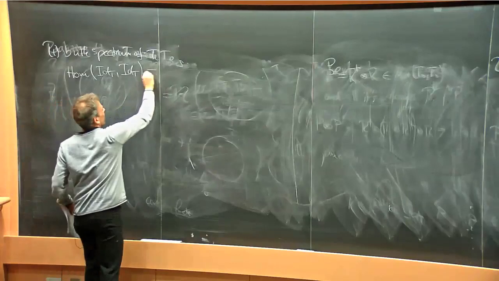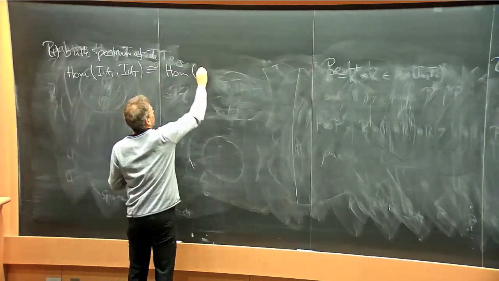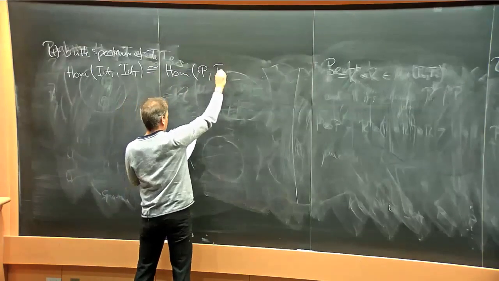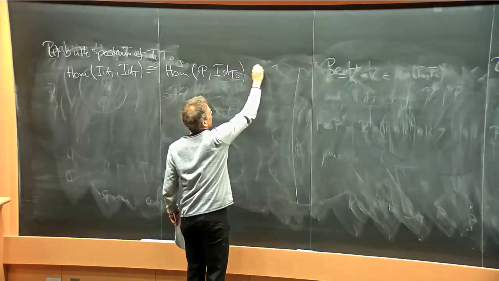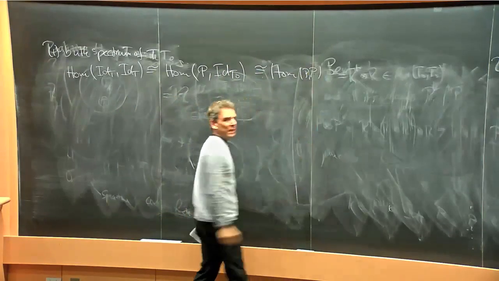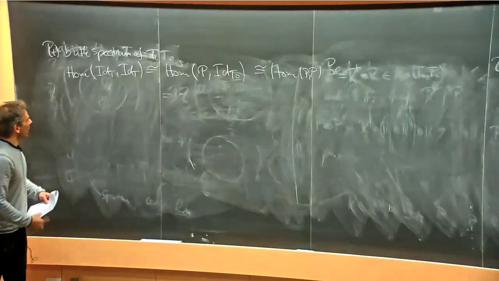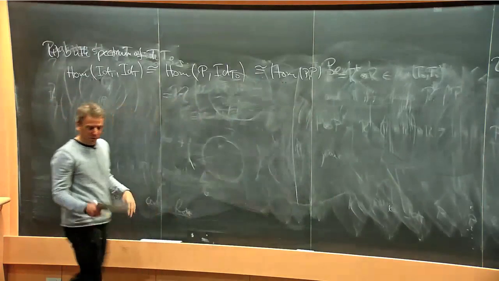And this is isomorphic to the homomorphisms of the defect P to the identity defects in T0, which is isomorphic to the homomorphisms of P to P. So you can get this space of morphisms from this space of morphisms.